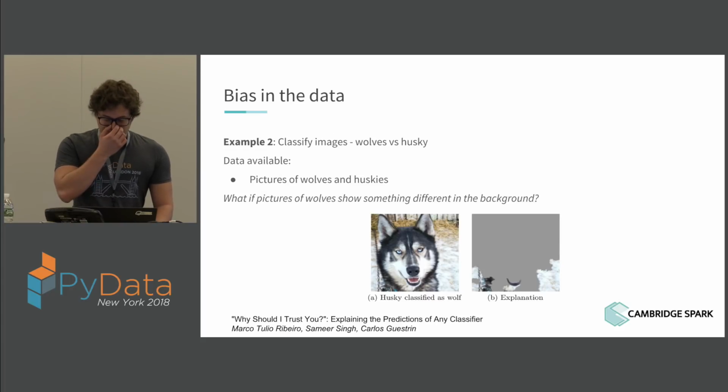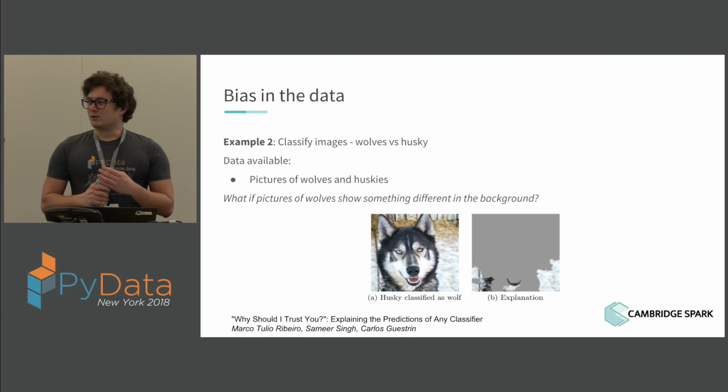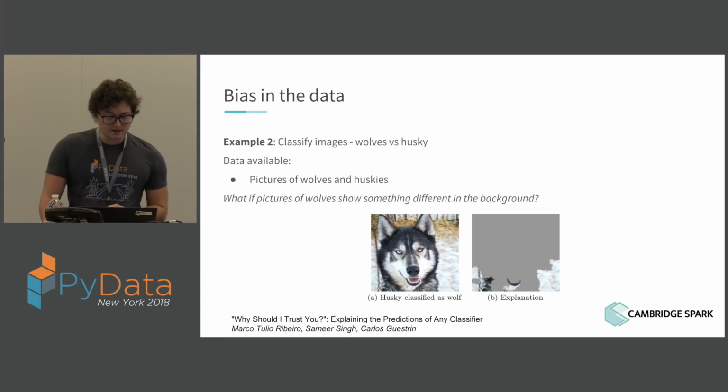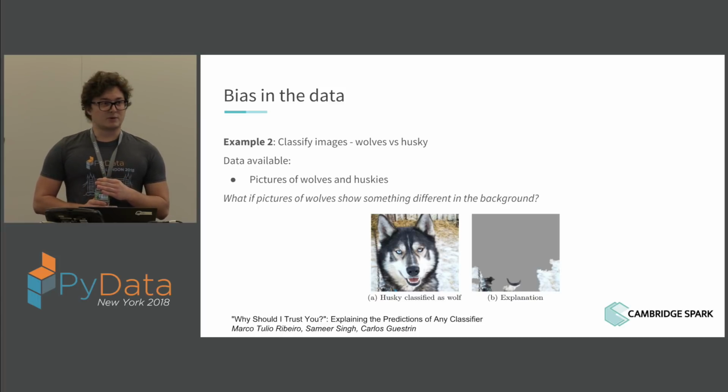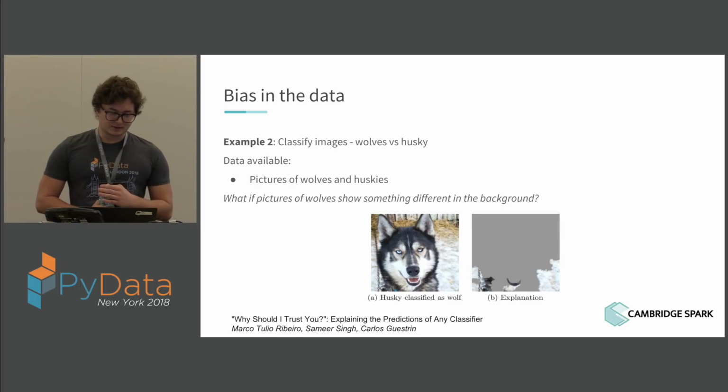Another example is just sometimes you'll be building a model that is actually not doing at all what you expect it to do, and that's an example that they quote in the paper "Why Should I Trust You?" So that's the paper that came when they released the library Lime that we're going to talk about later.